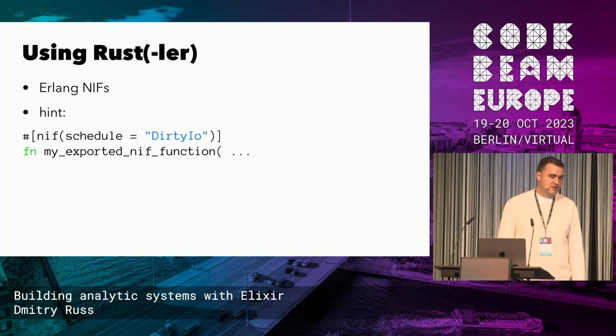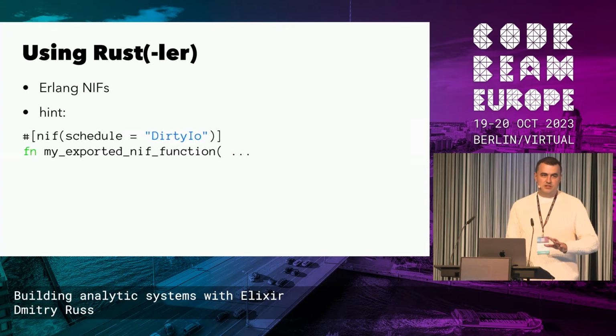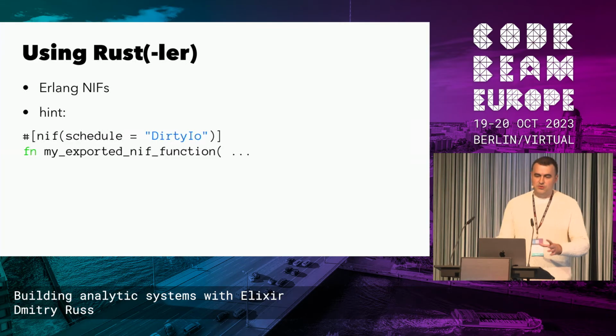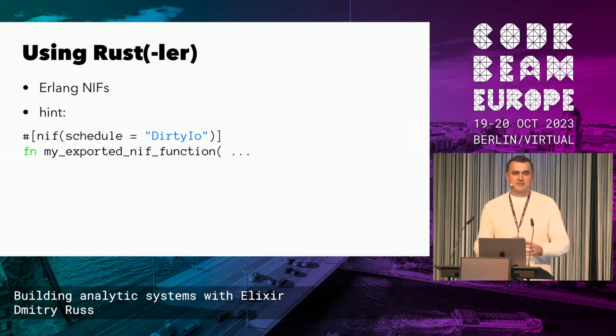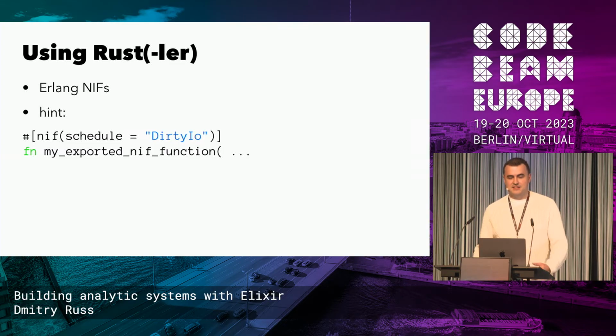To use Rustler, you use the NIF interface of Erlang, and there is one hint I checked. Before dirty schedulers existed, the Erlang documentation said your NIF should not take more than 1 millisecond, because otherwise it will screw up the schedulers or lag behind on the schedulers of Erlang themselves.